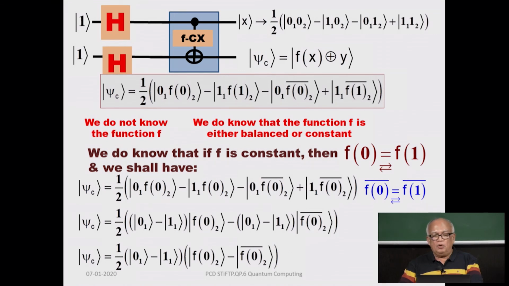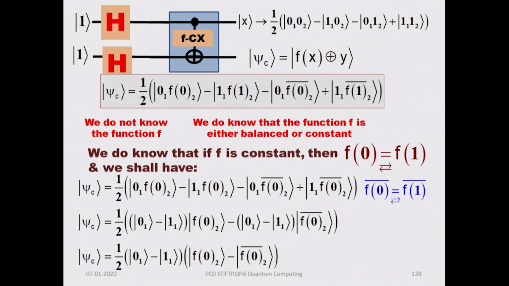The other term you do not know because you do not know what the function is. So, these are factored into the first qubit and the second qubit. You are able to do so because these are not entangled, right. And the first qubit is a point that you have met on the Bloch sphere for the constant function. Likewise, you have identified what these factors are.